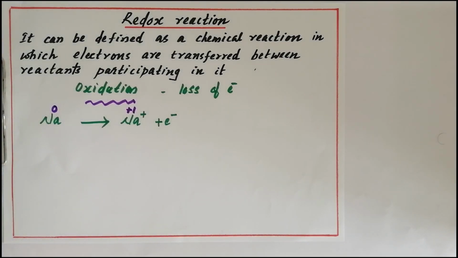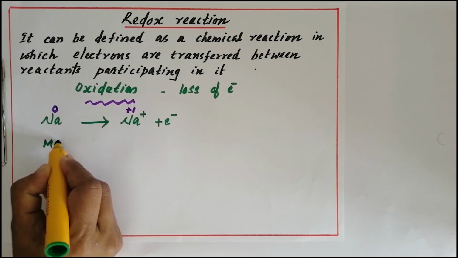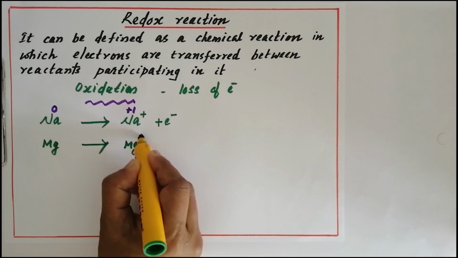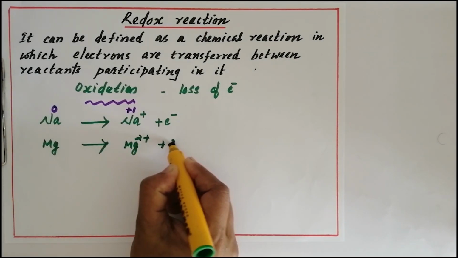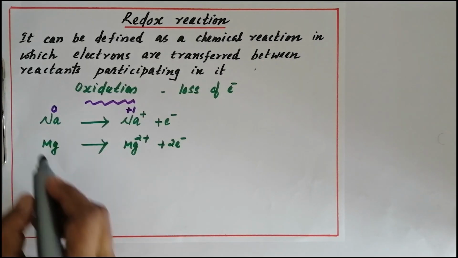Next example is Mg giving Mg2+ plus 2 electrons. Here 2 electrons are lost by magnesium, so that Mg2+ ion is formed. I am assigning oxidation state here.